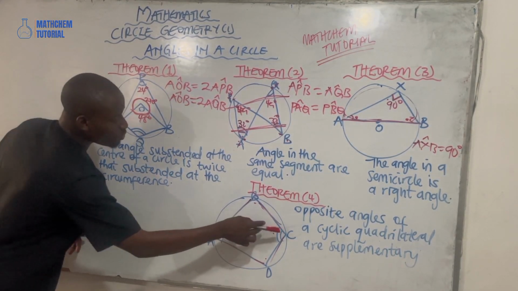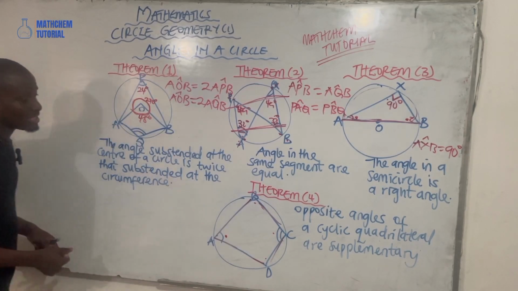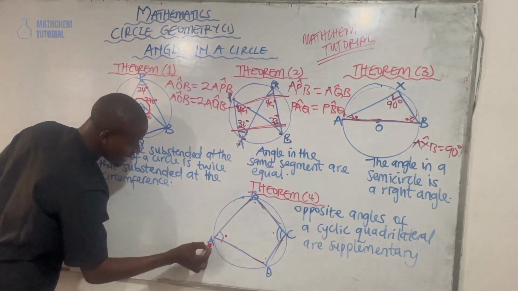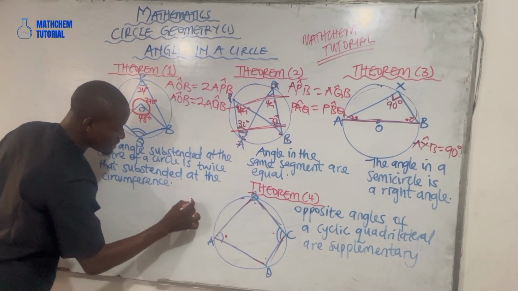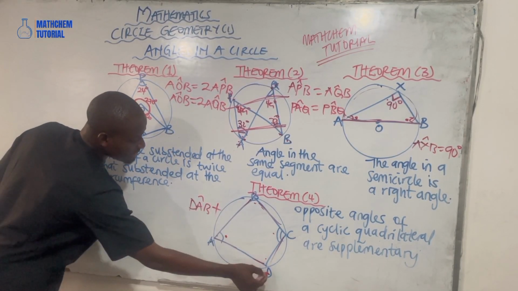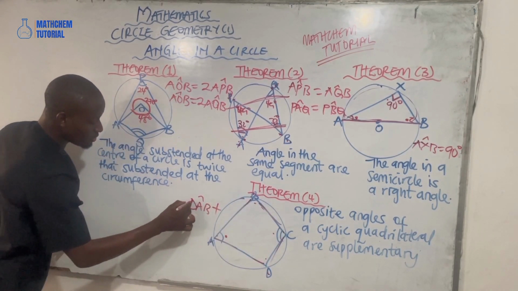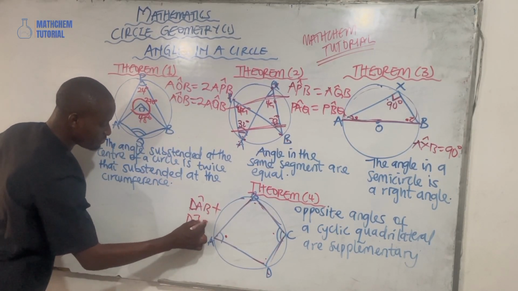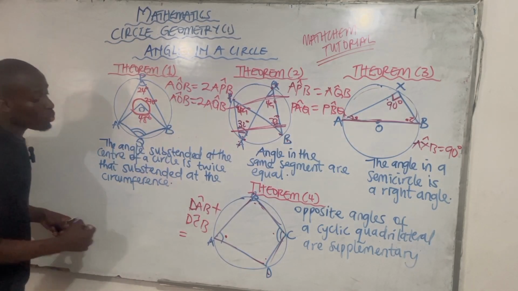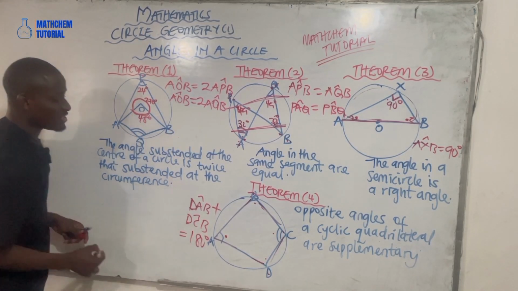So opposite angles of a cyclic quadrilateral are supplementary, meaning that angle DAB plus angle DCB is going to be 180 degrees. That is why it is supplementary.